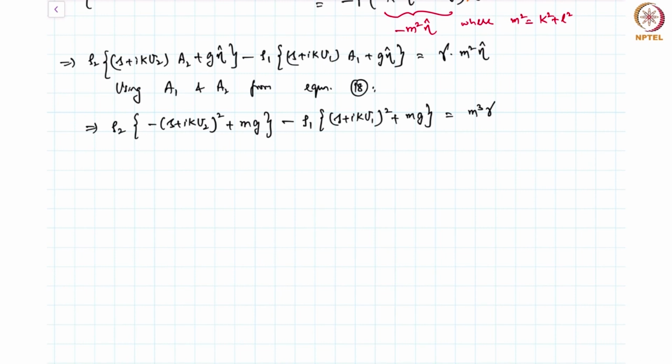Now you can clearly see that this is a quadratic equation in S, and we can rearrange it to get the following.